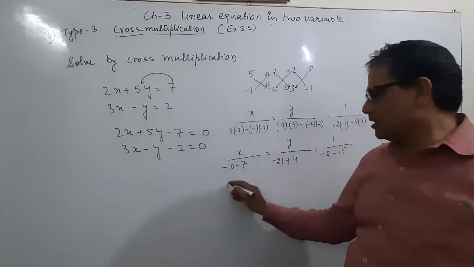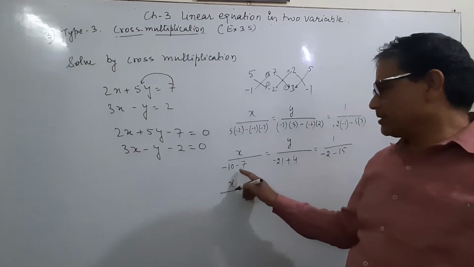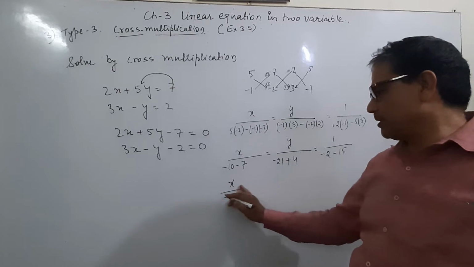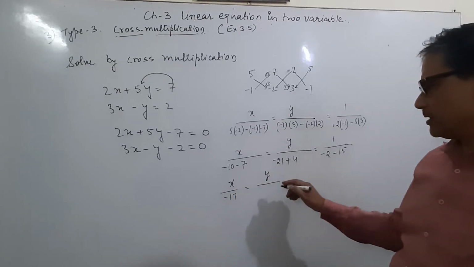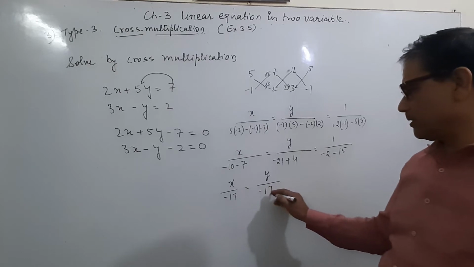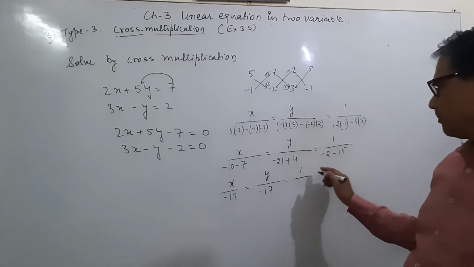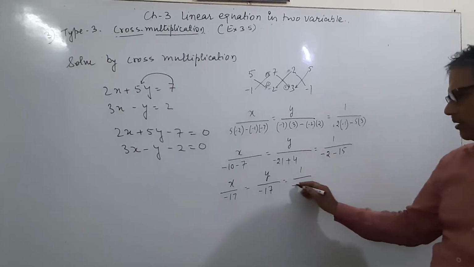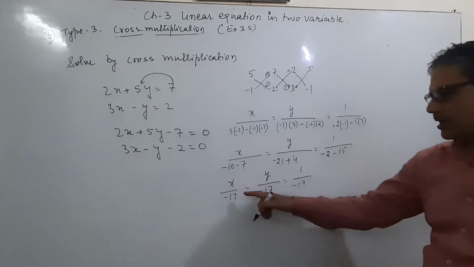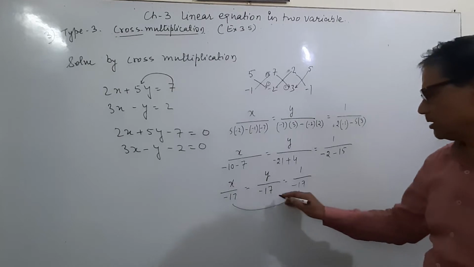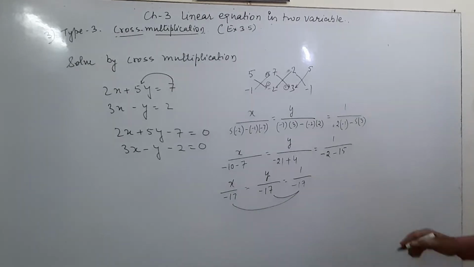And now what is your answer? x upon minus 10 minus 7 minus 17 is equal to y upon minus 21 plus 4 minus 17 and 1 upon minus 2 minus 15 minus 17. That means this equal to this and this we have to compare.